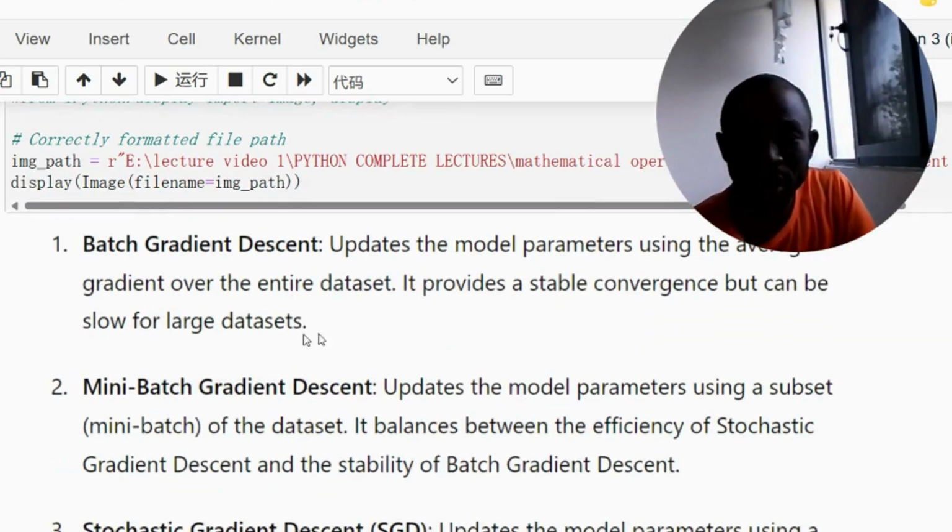But now look at mini batch gradient descent. It updates the model parameters using what? A subset, a mini batch of the data set. Take note about that. It is a balance between the efficiency of stochastic gradient descent and the stability of batch gradient descent. So we have mentioned a word about stochastic gradient descent.